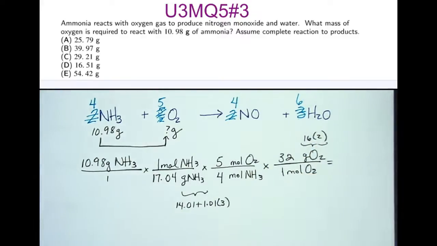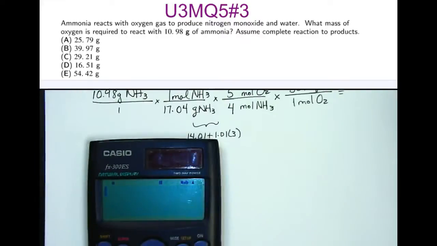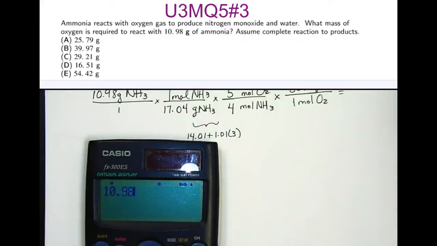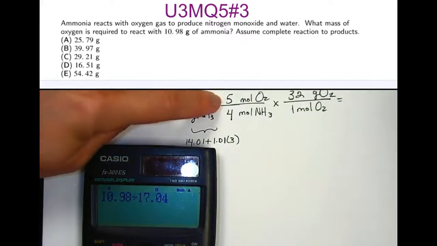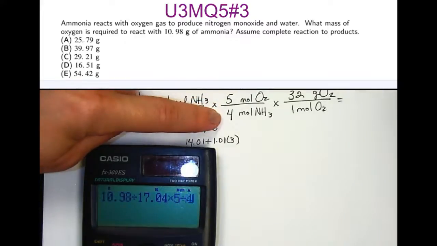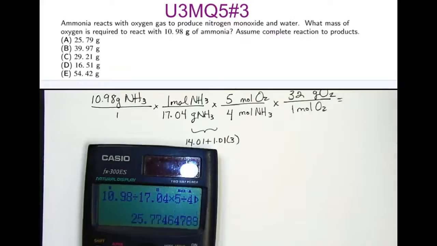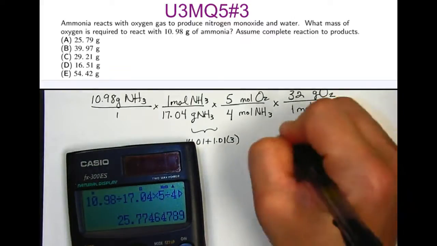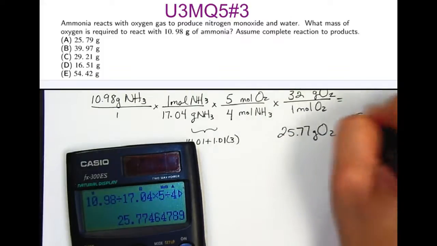When we type this into our calculator, we get 10.98 divided by 17.04, and then we'll do times 5 divided by 4, and then times 32. And that's going to give us 25.77 grams of oxygen, which is letter A.